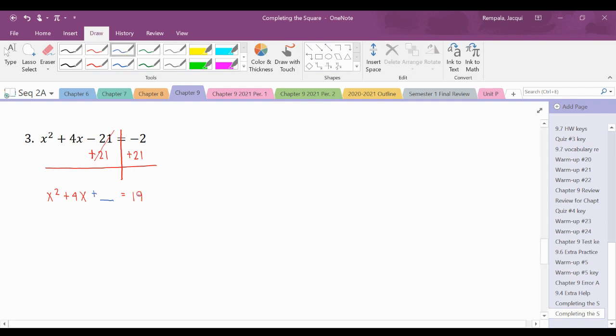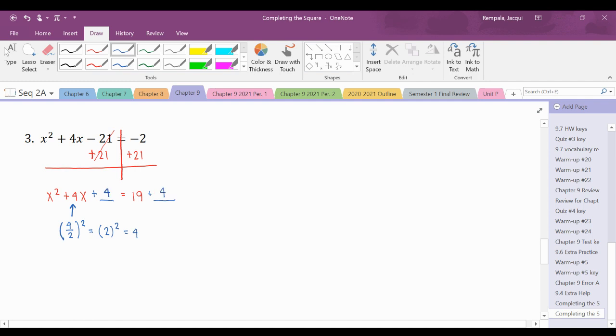We now are going to be able to start that process of completing the square. So we want to add the same number onto both sides. To do that, we look at the number that is attached to the x. I want to take that 4, divide it by 2, and square it. Well, 4 divided by 2 is 2, and 2 squared, which is 2 times 2, gives us 4.